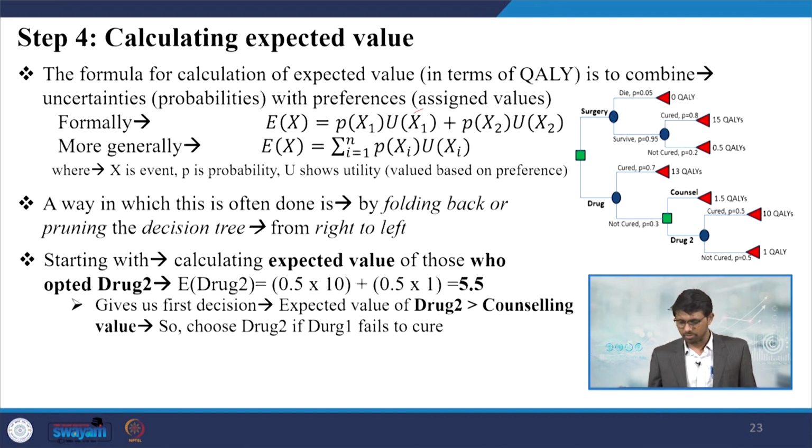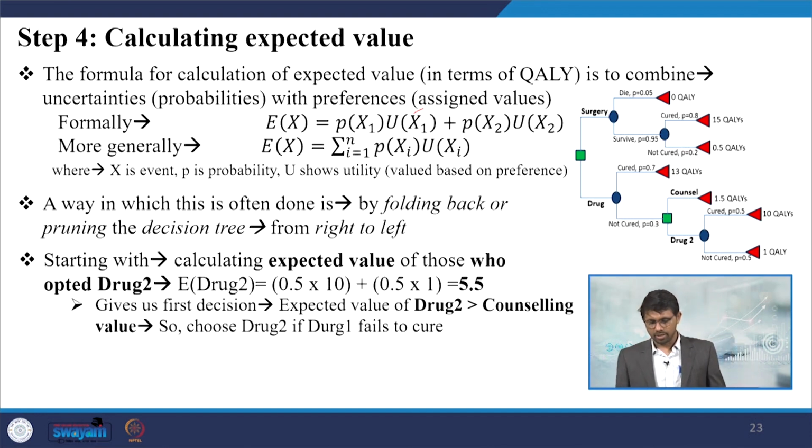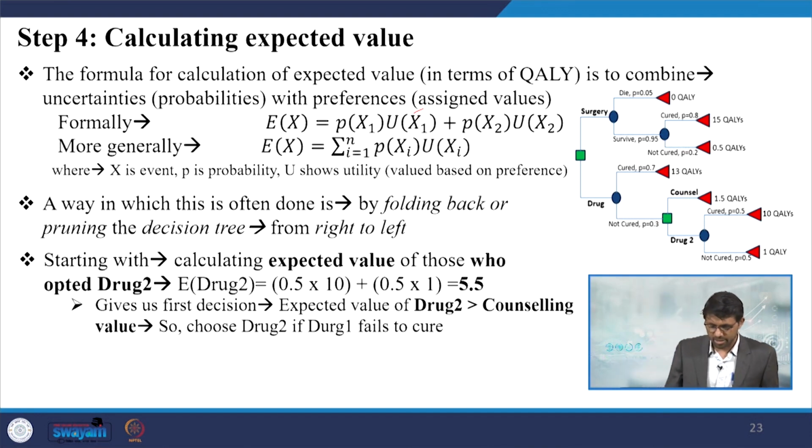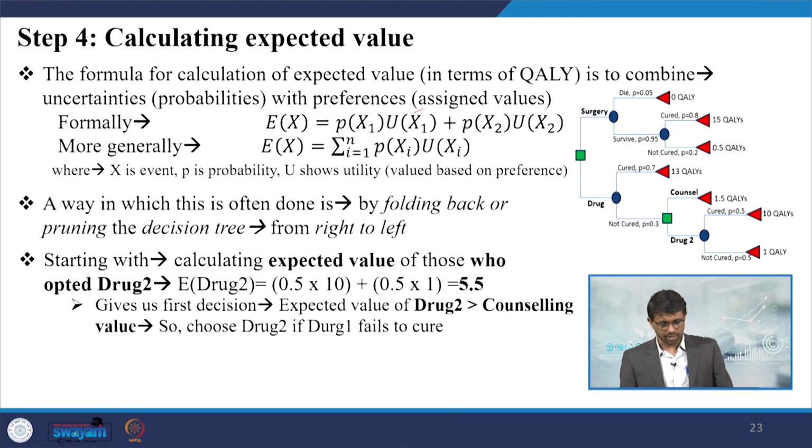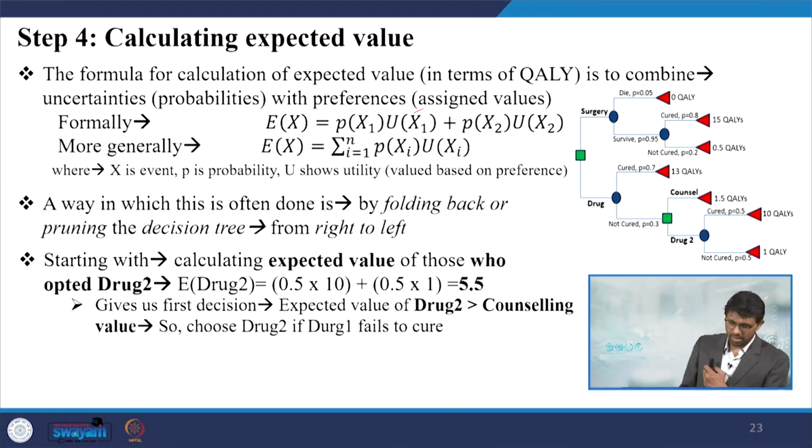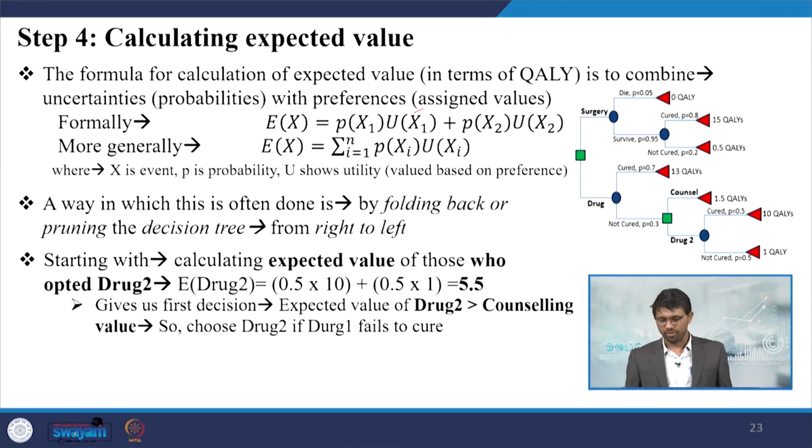Say 50% of the chances we have already said. So taking drug 2, you can see 0.5 of 10 and 0.5 of 1, isn't it? So, in that case the average expected value of this is 5.5.